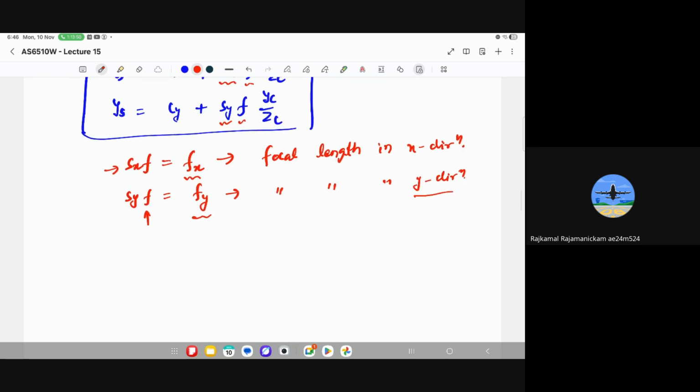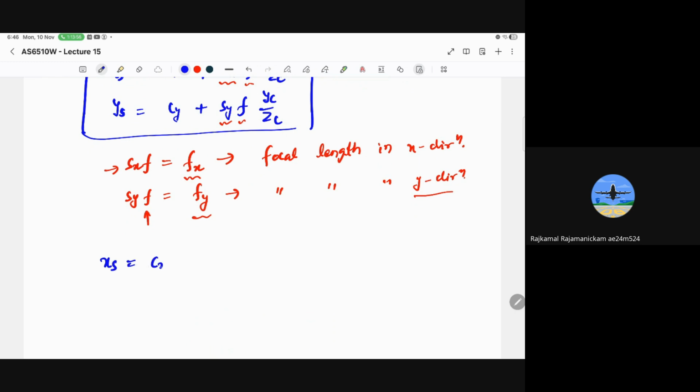With this simple modification, finally the equations are xs equal to cx plus fx xc upon zc, and ys equal to cy plus fy yc upon zc.